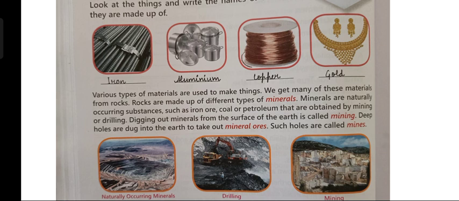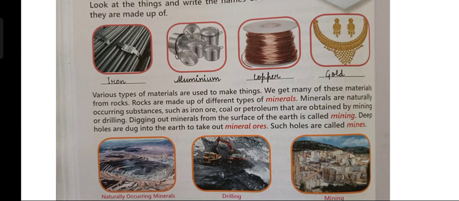So, first of all, children, what are minerals? Minerals are naturally occurring substances that are obtained by mining or drilling. So, children, this is the definition or the meaning of the term minerals. Now, from where do we get the minerals? So, children, we get the minerals from the rocks.